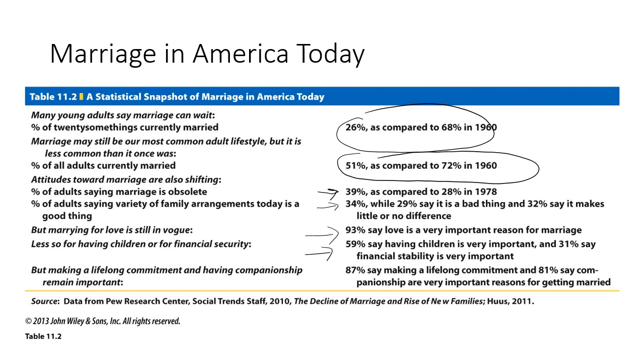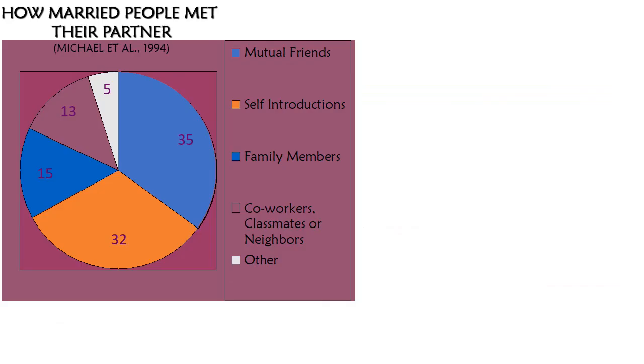Now it's taking till 28, 29. So it's one of the big reasons why people are delaying. But in general, just less people are getting married. More people are getting divorced. More people are getting remarried, but a lower percentage of divorced people are getting remarried. But again, love is important for marriage.